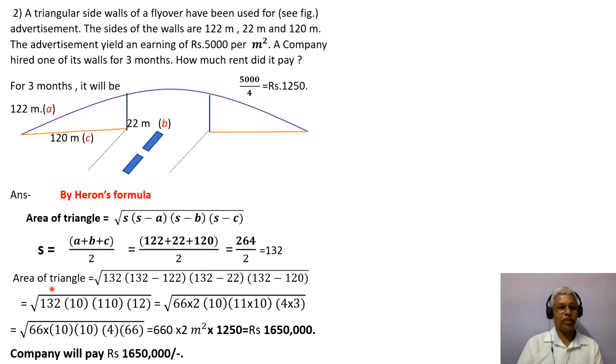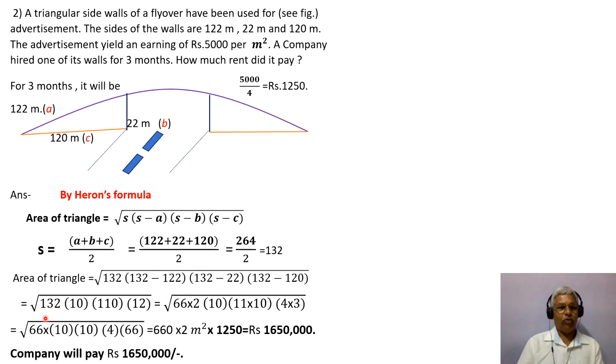So we got S. Substitute: area of triangle equals root of 132 into (132 minus 122) into (132 minus 22) into (132 minus 120). Okay, now solve this. This equals root of 132 as it is into 10 into 110 into 12.